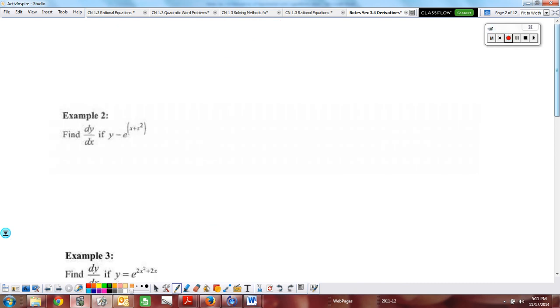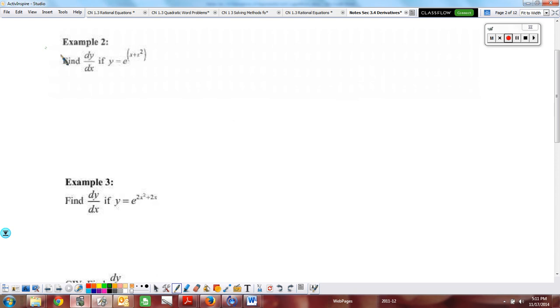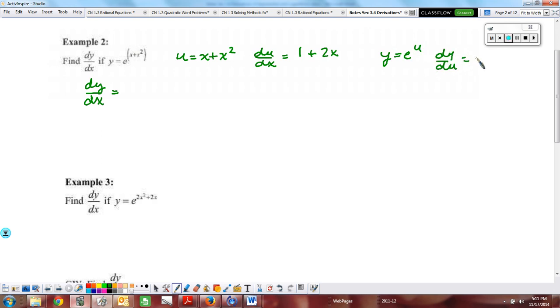Alright, so let's take a look at our examples. Let's take a look at example 2. In this problem, you're basically saying u equals x plus x squared. So du dx is going to be 1 plus 2x. So my derivative dy dx is going to equal, if y equals e to the u, dy du is going to be e to the u, and so I need dy du times du dx.